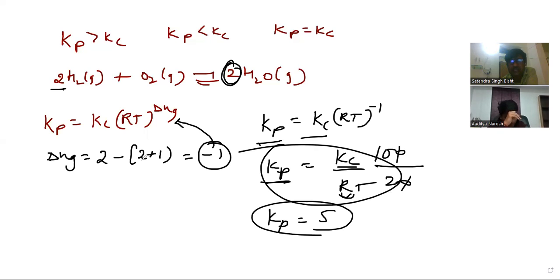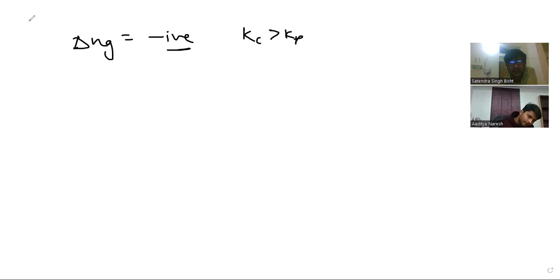So the overall thing is that if the del Ng value is negative, then Kc is greater than Kp. This is case first.